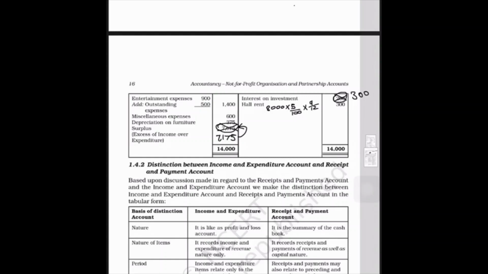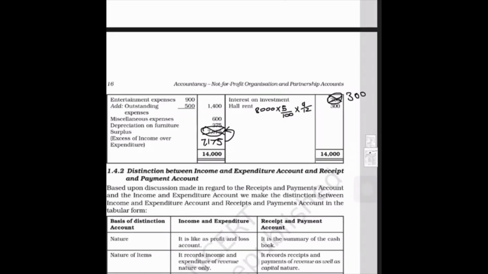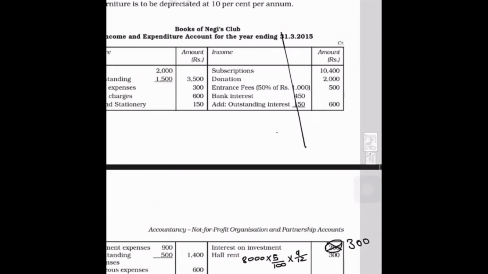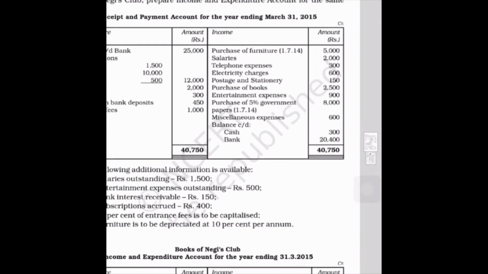And then interest on investment. Please go back to receipts and payments account. In the payment side, there is a transaction, purchase of 5% government papers. Actually, the purchase has been made on 1/7/2014. The investment amount is 8,000 rupees. So 5% interest is an income.